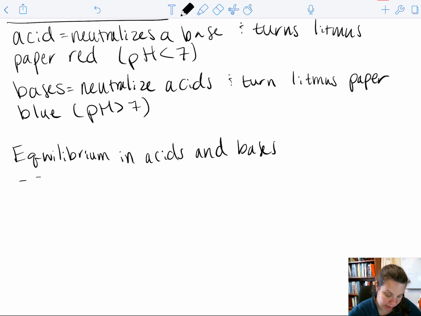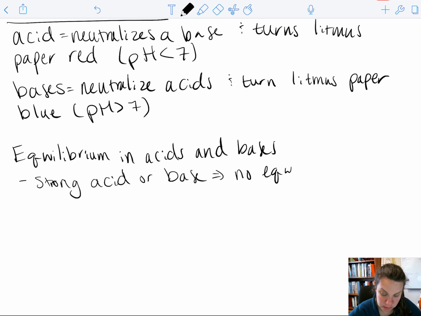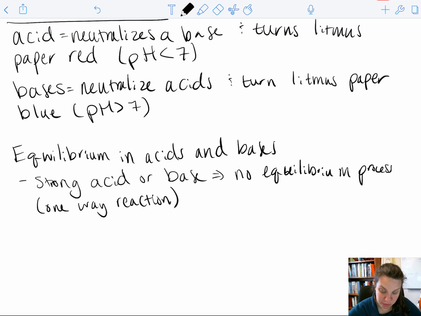If we have a strong acid or base, this is going to have no equilibrium process. So this will just be a one-way reaction when we put it in water.